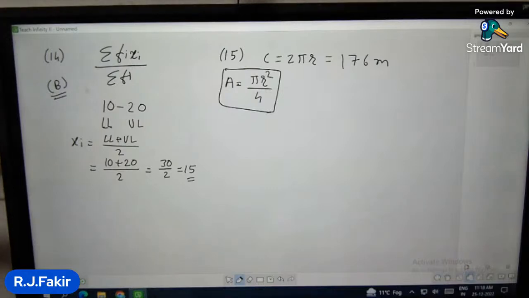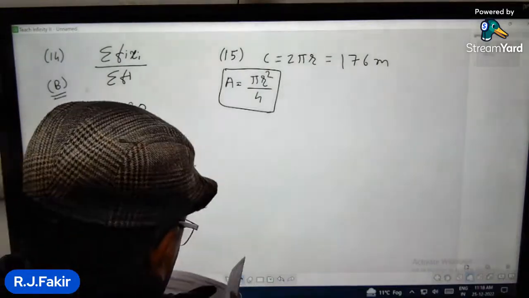So by doing so, what we can get now, if we calculate this one, this radius comes to be 28.